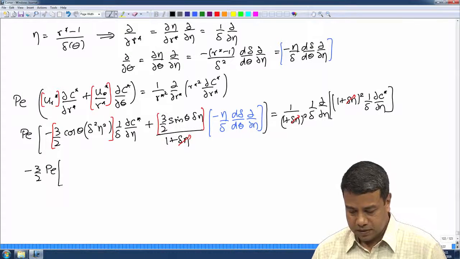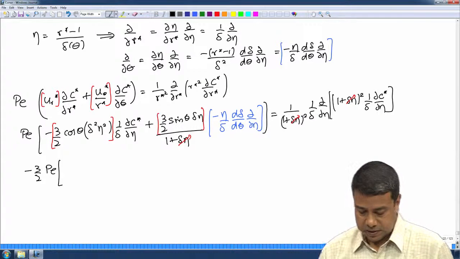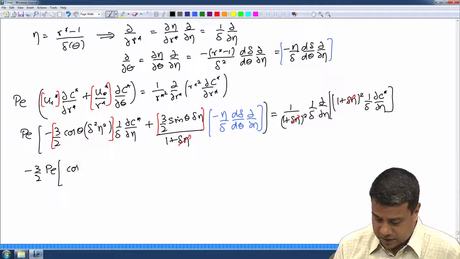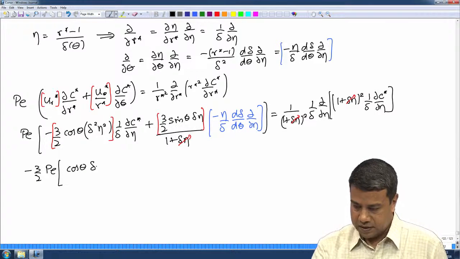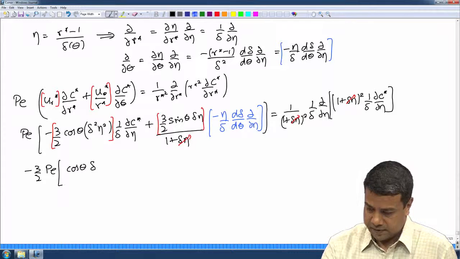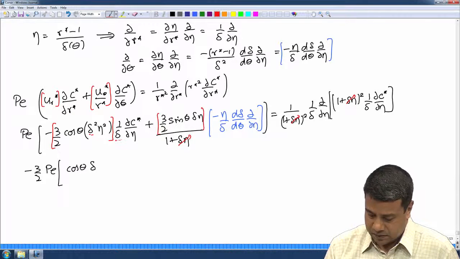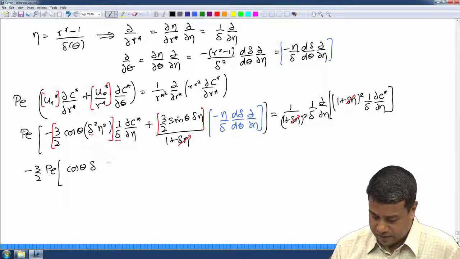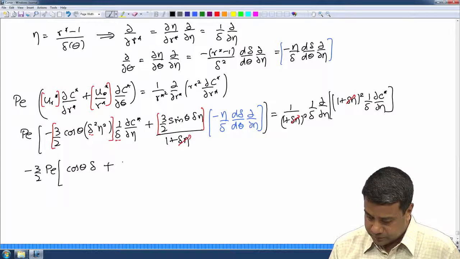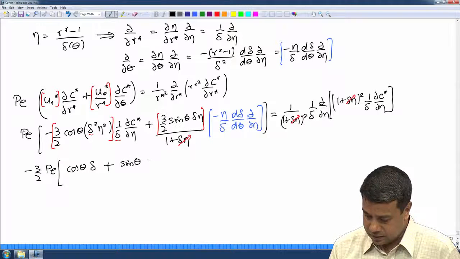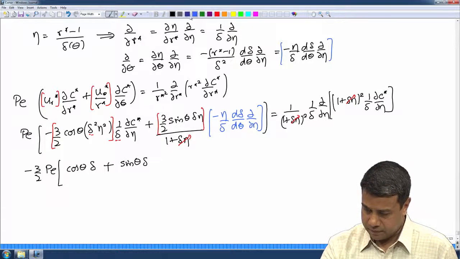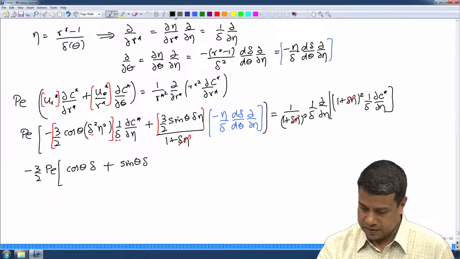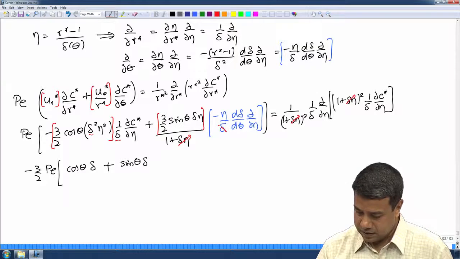Okay. The theta dependencies. First, I have cos theta delta. You can see that I have delta square and 1 over delta. Then I have plus sin theta delta into... In this second term here, these deltas will cancel out.